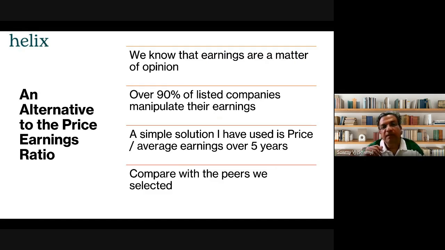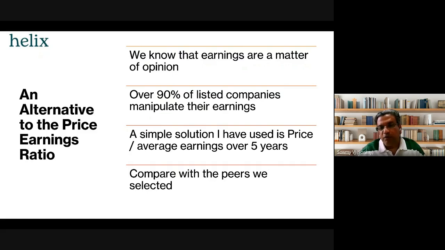Simple mechanism. And again, as I said, use the NVIDIA rule and the TCS rule, identify the peers, and compare the valuations of the peers, right? Let's say Procter & Gamble, which was one of the examples that we took.